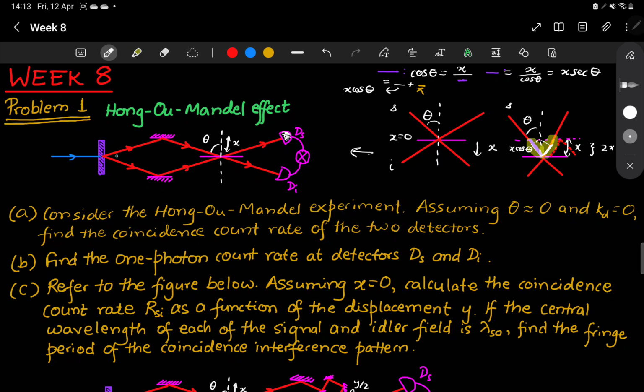Meaning if we are looking at this situation of reflection at the beam splitter, signal can come and go to ds, idler can also get reflected and go to di. But the other thing is idler can get transmitted and also go into ds. So that's the situation.